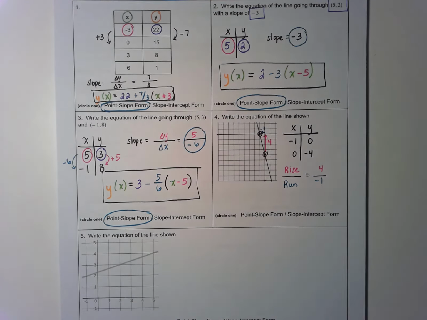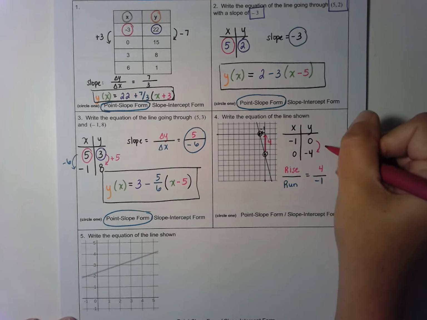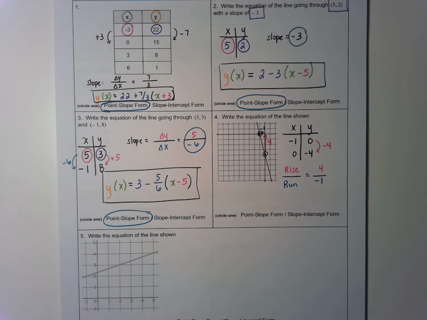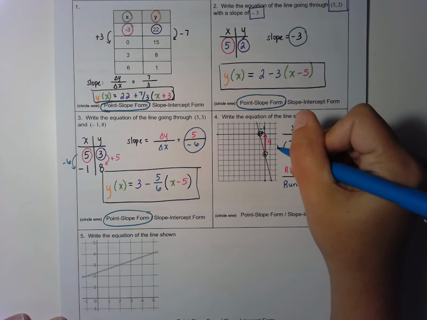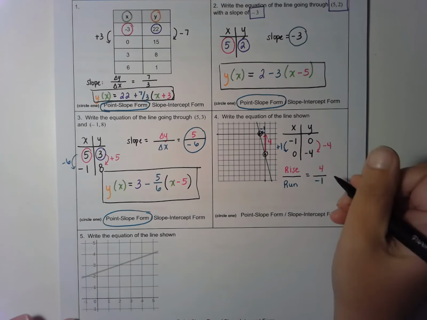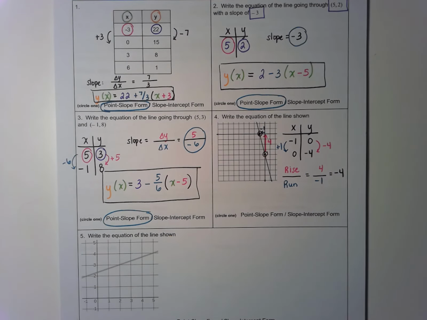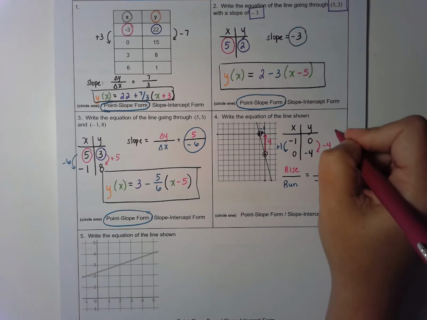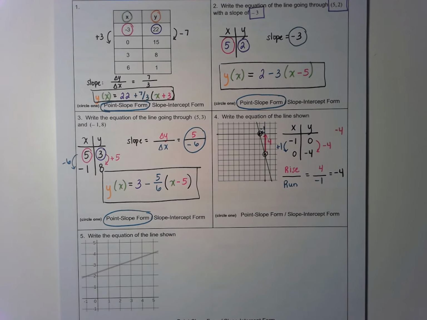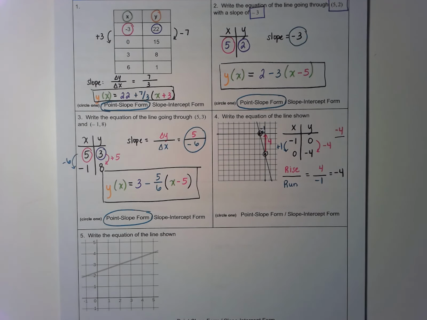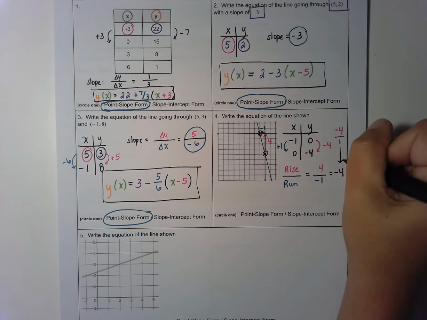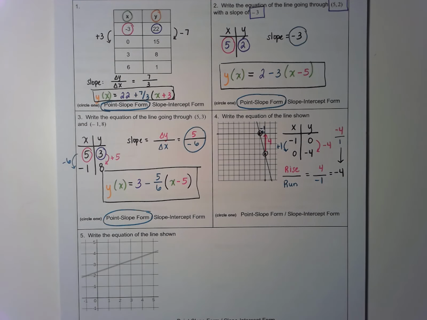If you did look at the table instead, you would do from 0 to 4 is -4, and from -1 to 0 is 1, which would give you the same fraction because it would both simplify to -4. So if you did the fraction from the table, you would have -4 divided by +1. But either way you get, it simplifies to -4 when you divide. So it doesn't matter how you do the slope here, you can do it either way.